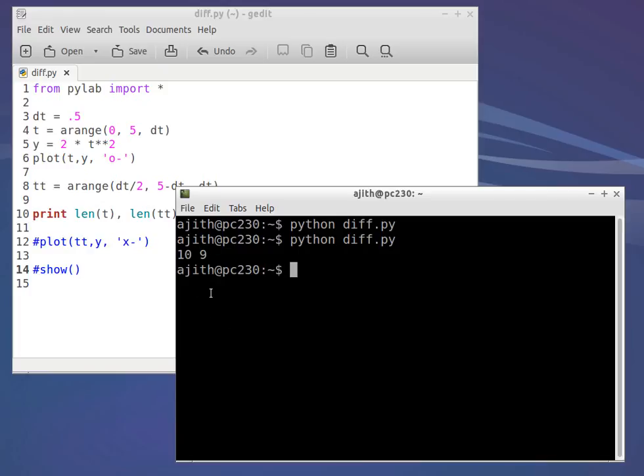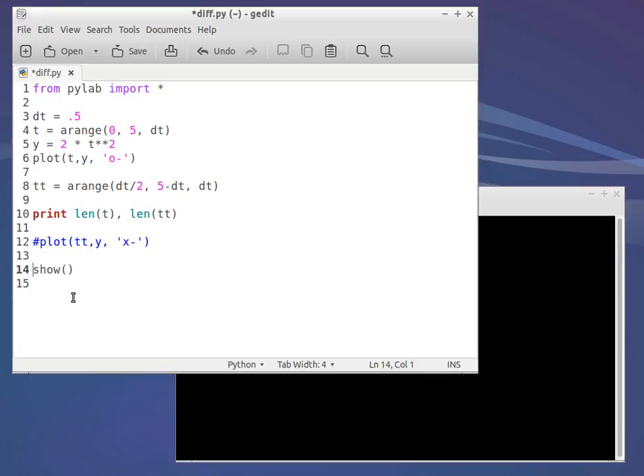And now at each midpoint we should calculate the derivative. That means the dy by dx here. So n is equal to the length of the second. So we need to calculate n times, that is basically 9 times. So we calculate say dy dt, or we can call it velocity, right?